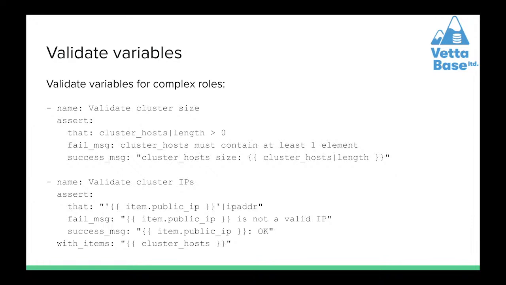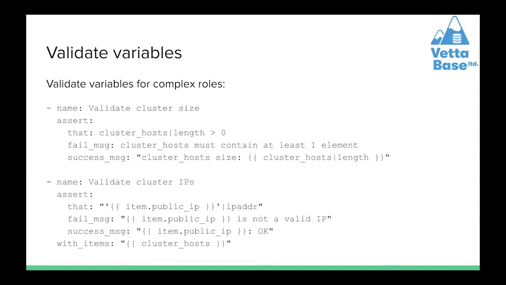In the second example, I validate every item in the list cluster hosts. You can see the special with items attribute, and I say that each item should be a valid IP address. As you can see, I can set a fail message.